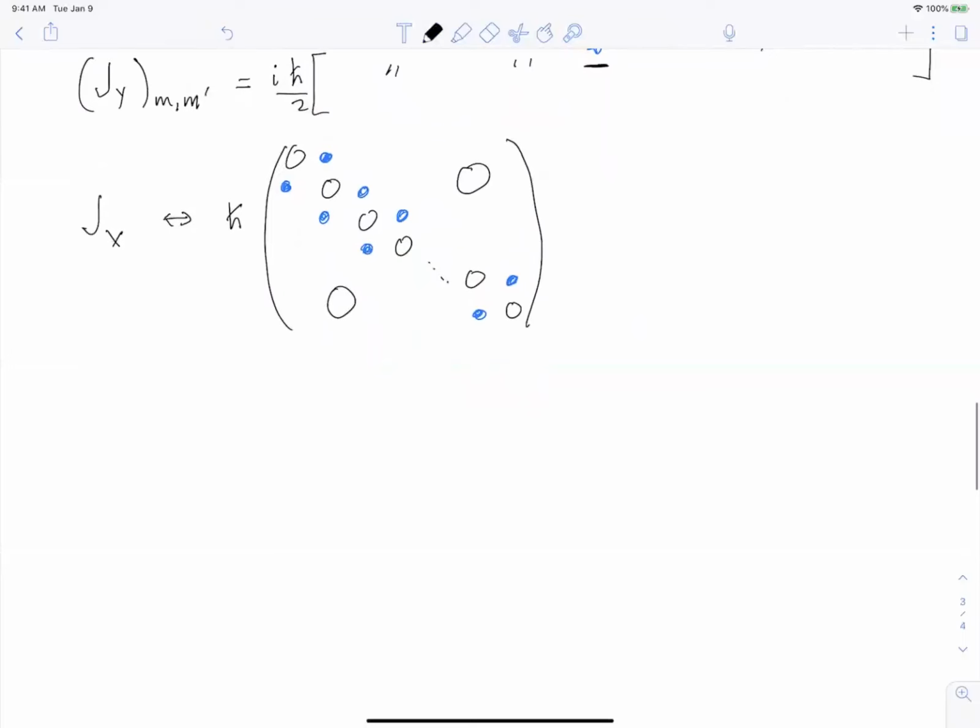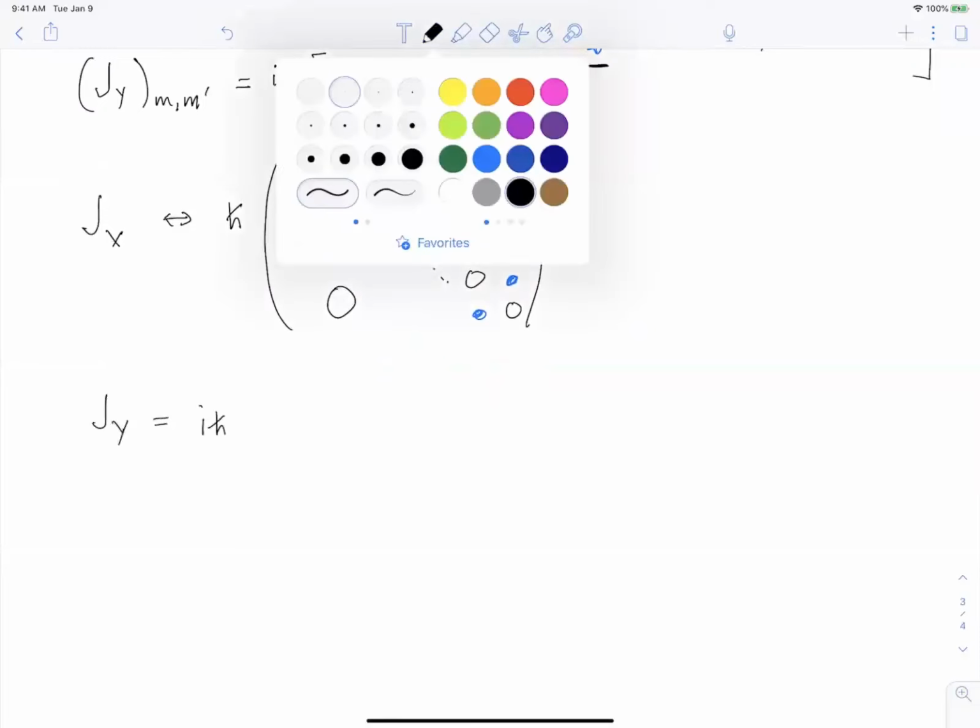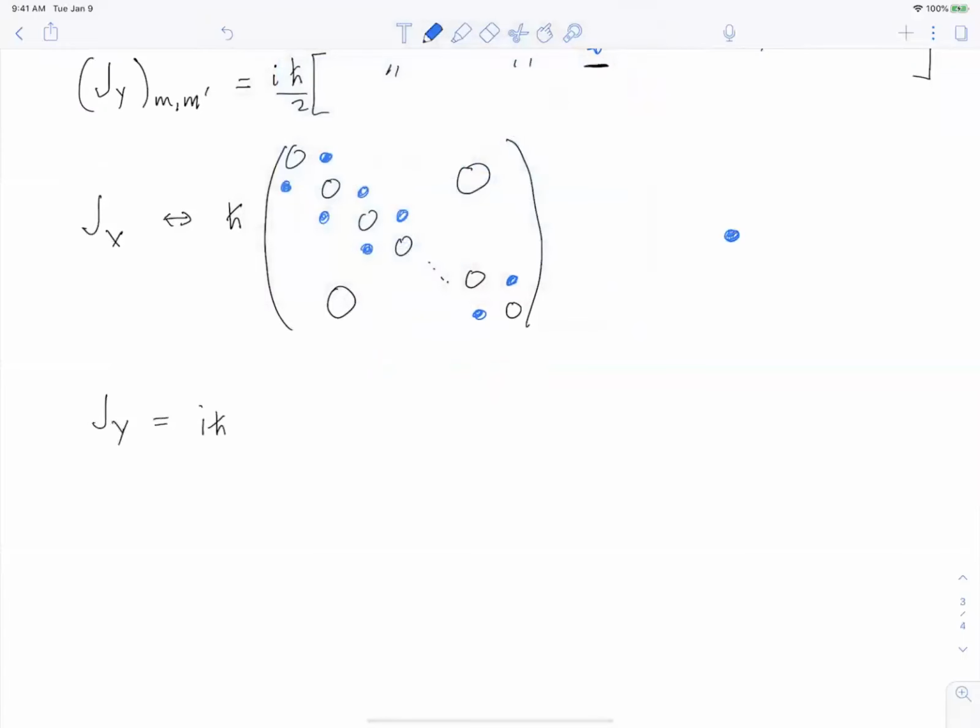And then j sub y is going to have an i. By the way, the blue dots represent real numbers, real positive numbers that come from square roots. So maybe I should say that: real positive square roots of stuff.